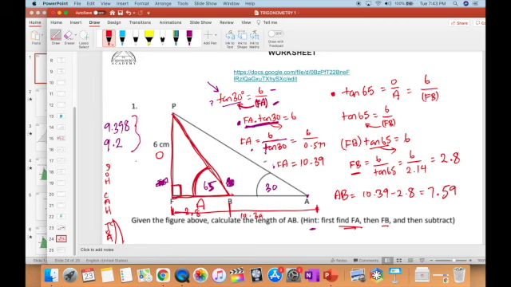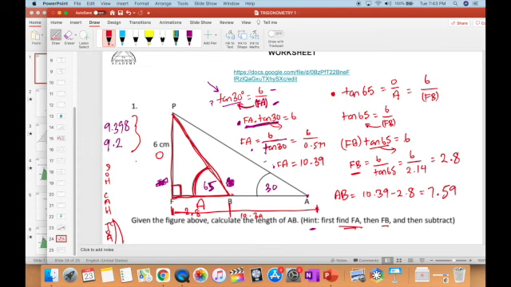Okay? Now at the end of the day, you could see here that all I used was the basic tan ratio. That's it. The biggest problem here was seeing the sides.